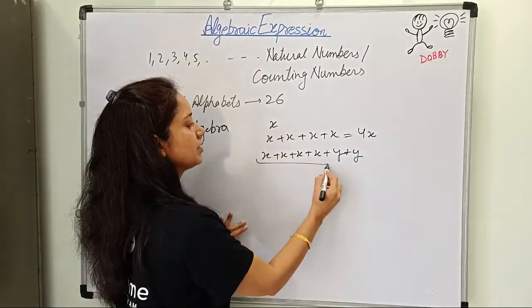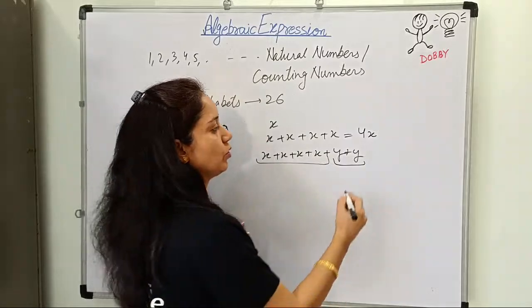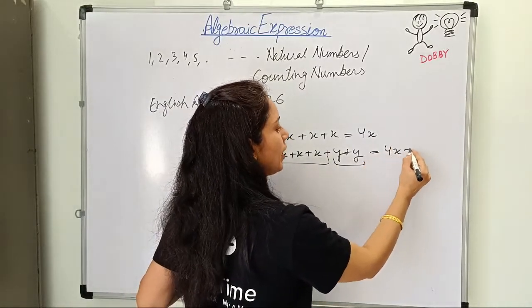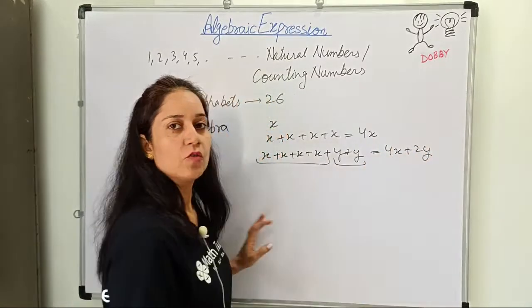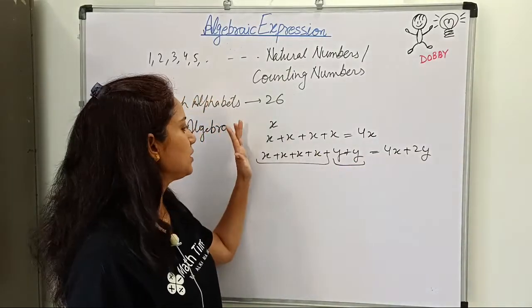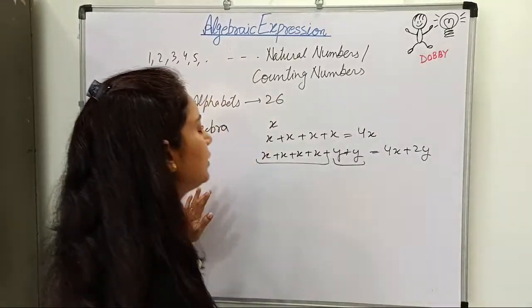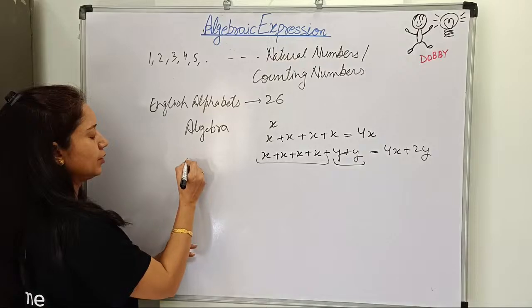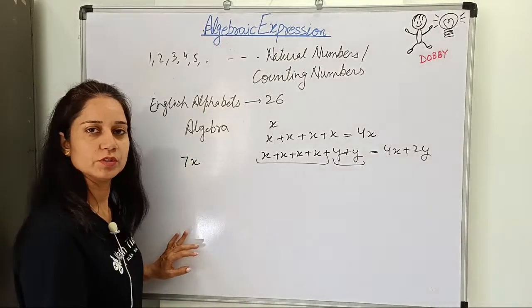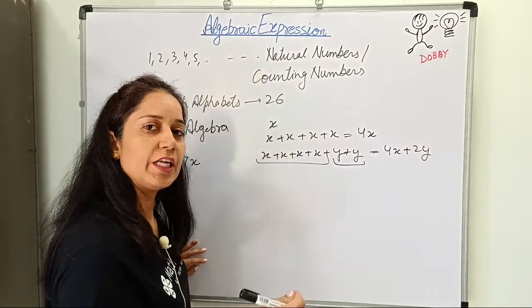If it is like this, how many times x is there? 4 times. How many times y is there? 2 times. So it will become 4x plus 2y. 4 times x, 2 times y. This is algebra. Now, in this, let us take a number 7x. Suppose x can be anything. It is a variable, it can change.